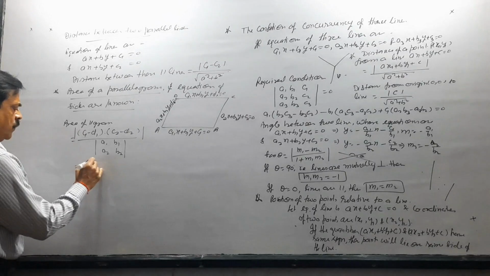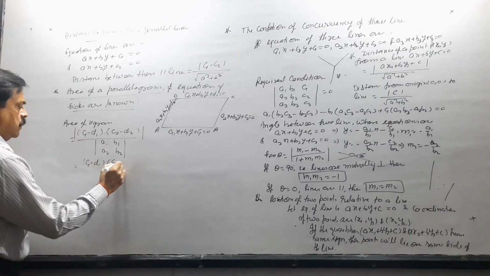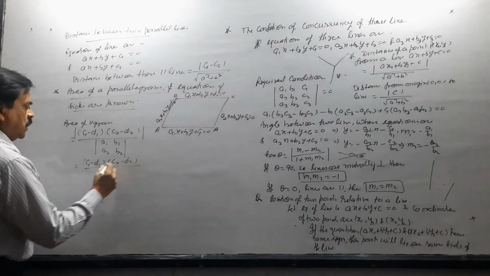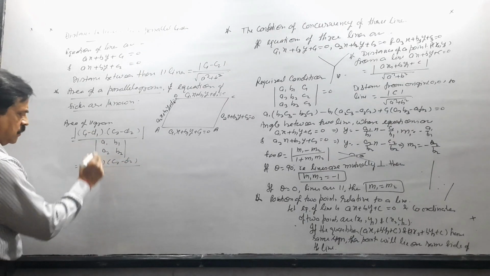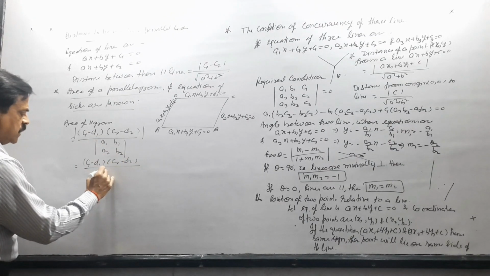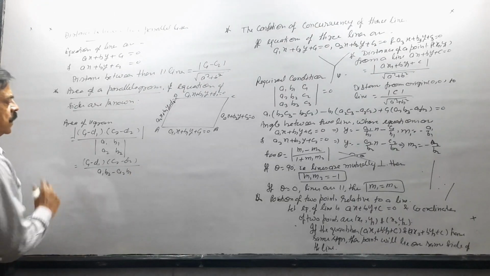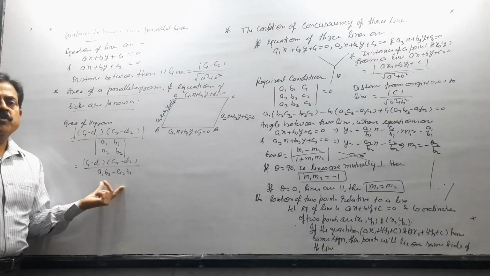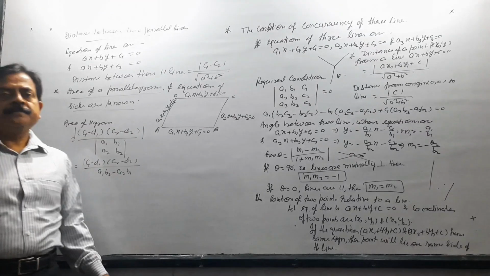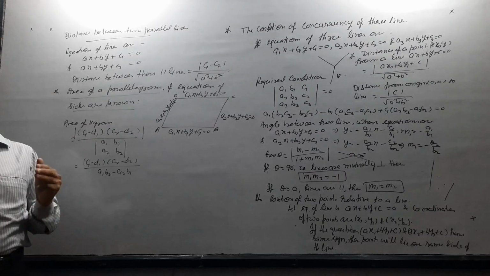Or C1 minus D1 into C2 minus D2 upon, this determinant can be expanded like this: A1 B2 minus A2 B1. So this will provide the area of the parallelogram, and this video is completed.